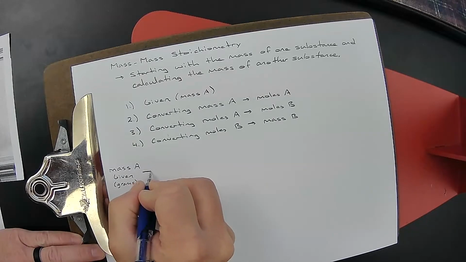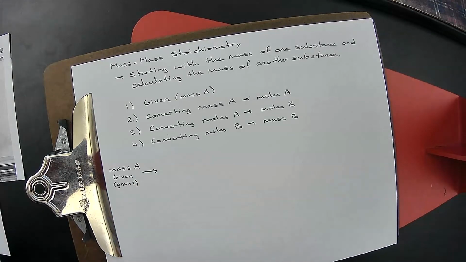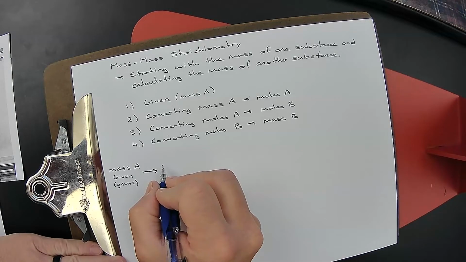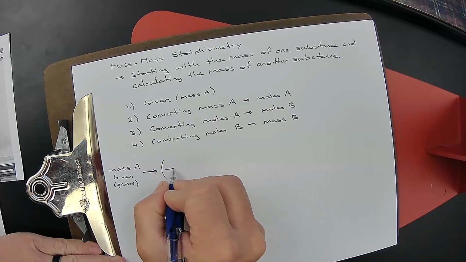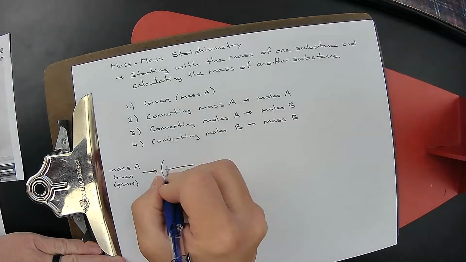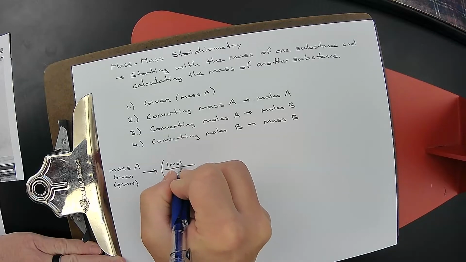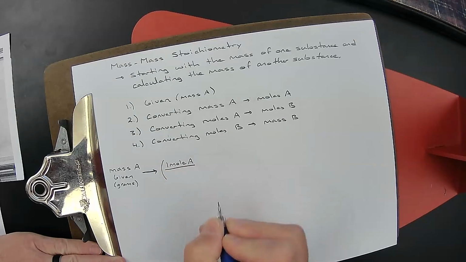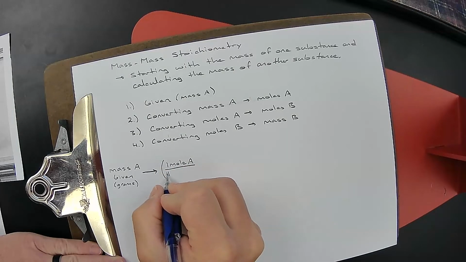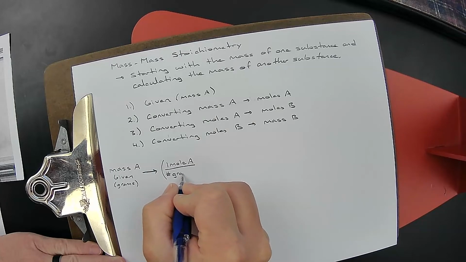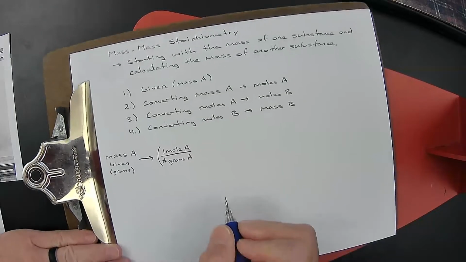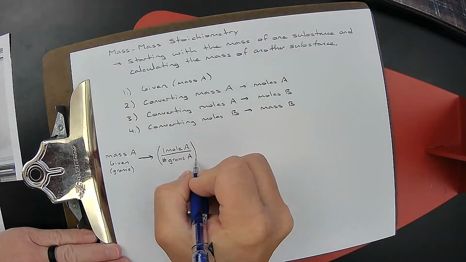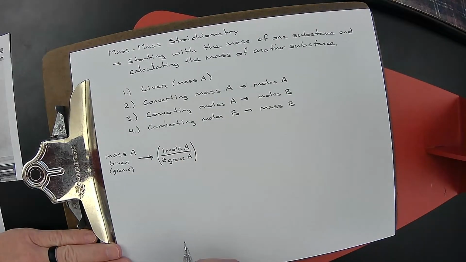And the first step from the mass of A is a conversion. We're going to put 1 mole of A over the number of grams of A. This is the number sign. I know it's the same as a hashtag, but in this case it's the number sign.